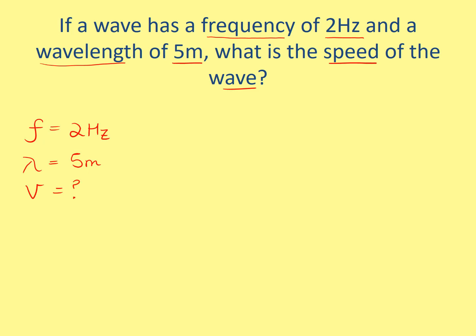So the equation is V equals F times lambda. Wave speed equals frequency times wavelength. Wave speed is equal to 2 times 5. So in this case, the wave speed is 10 and the unit's meters every second. So this wave is travelling 10 meters every second.